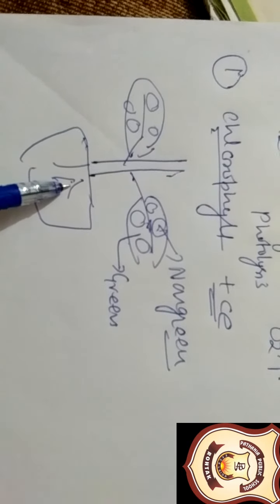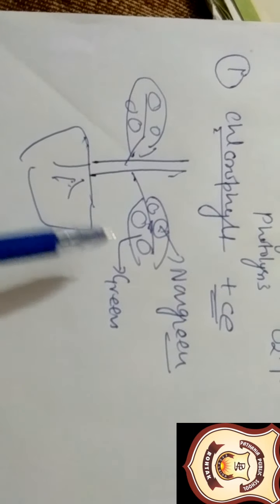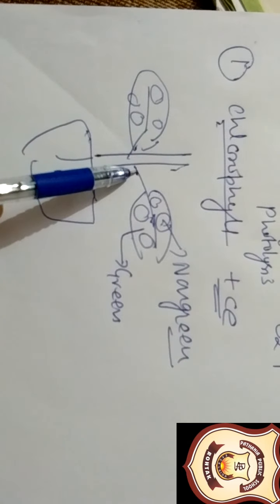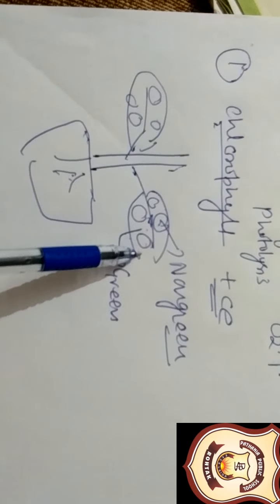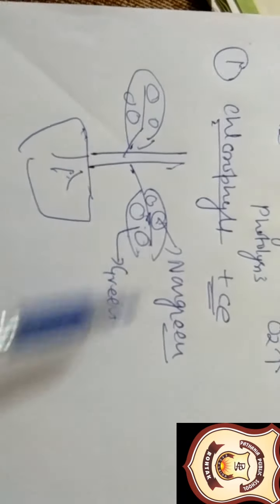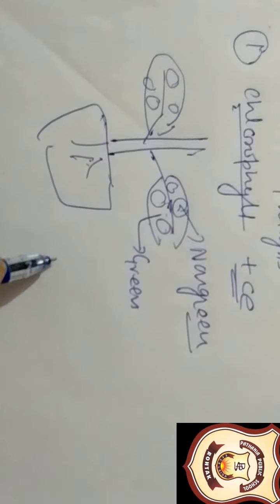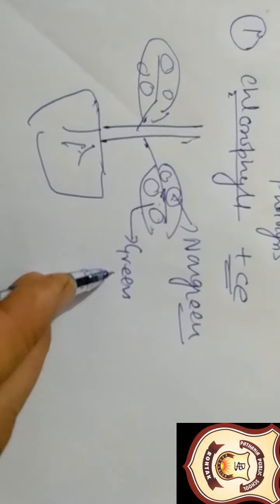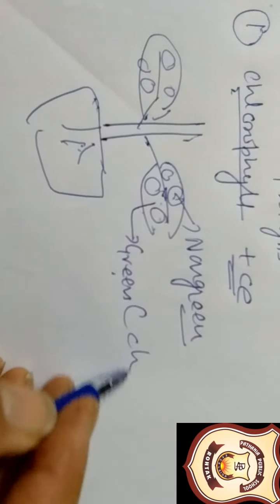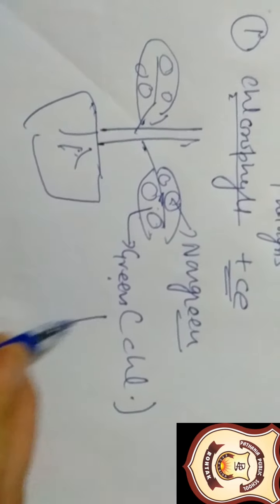This plant will be destarched first, then it will be kept in sunlight for the process of photosynthesis. Then these leaves will be plucked from this plant, boiled in alcohol, and then tested with the iodine solution, so that the part where the green color is there, actually there the chlorophyll is present.